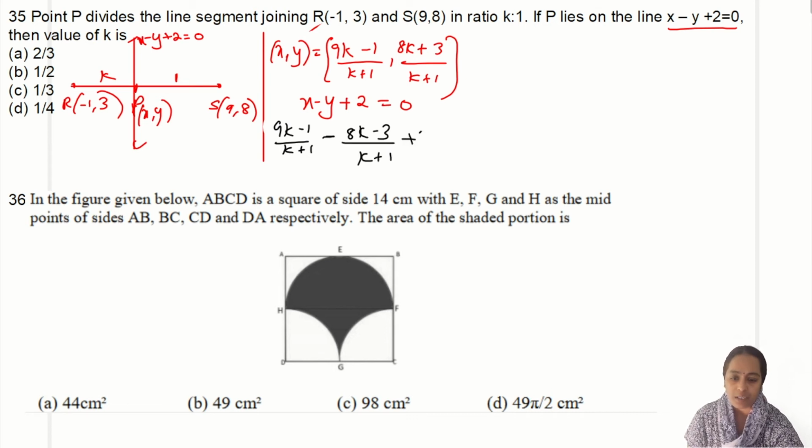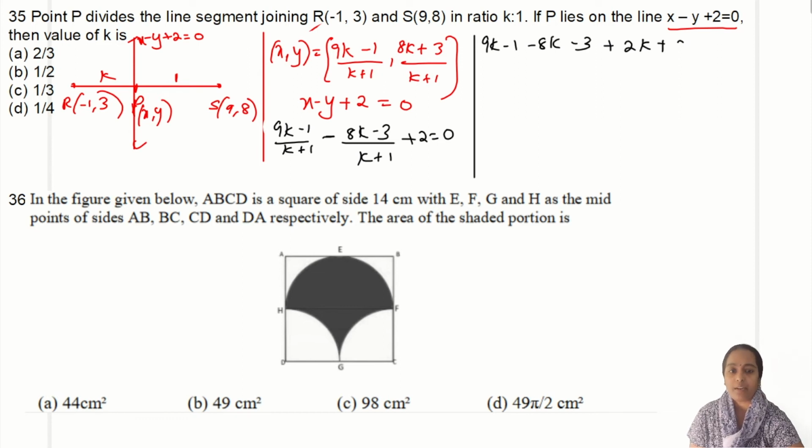I just need to take LCM and get the value of k, children. So I have 9k minus 1 minus 8k minus 3. When I take LCM, I will have 2k plus 2, the whole divided by k plus 1, equal to 0.